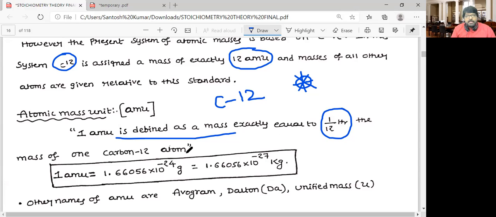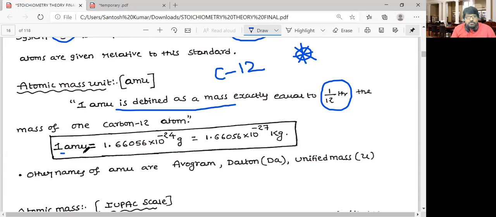This is clear. And interconversions are very important. So 1 AMU is equal to 1.66. The exact value is taken from NCERT, but for calculations you can take 1.66; the rest you can neglect. 1.66 into 10 power minus 24 grams.